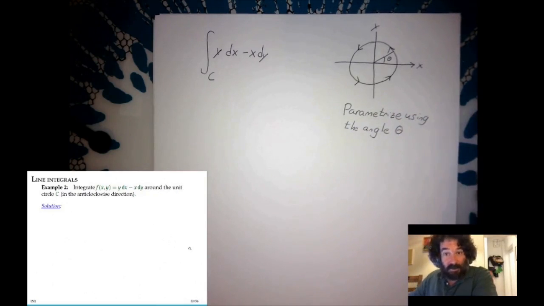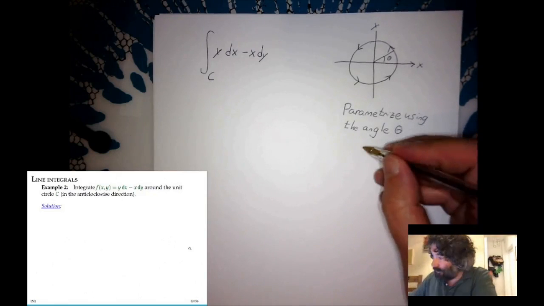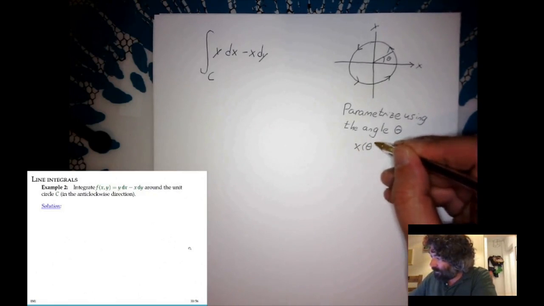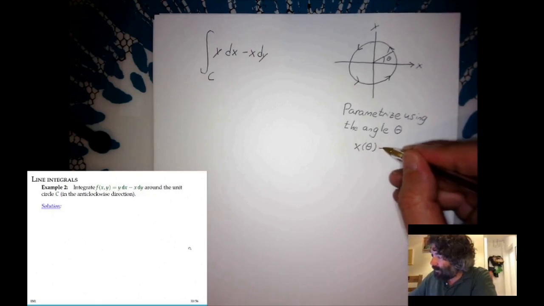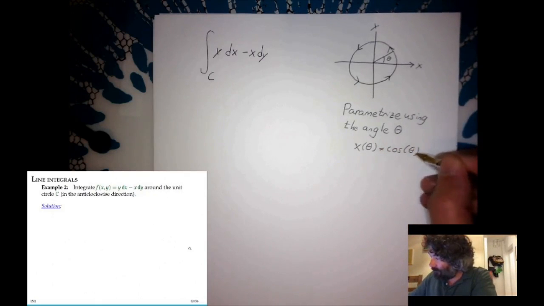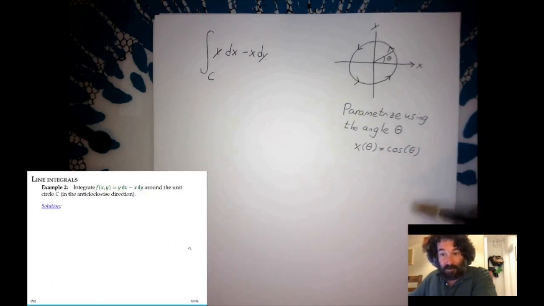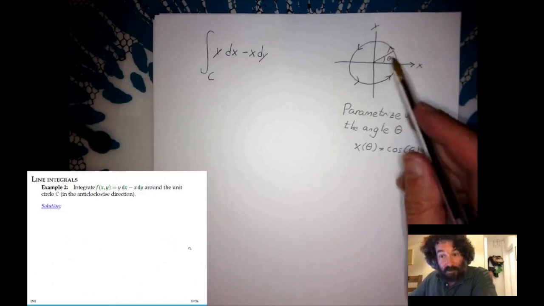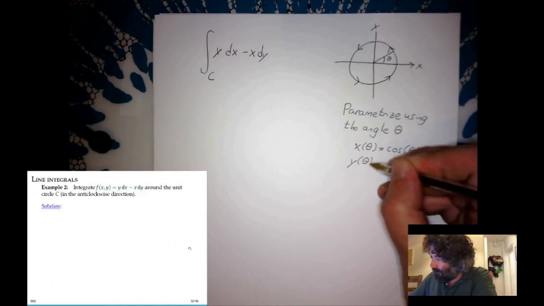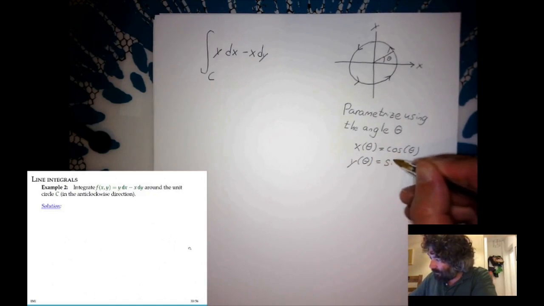All right, and so when we do that, as with polar coordinates, as I discussed in the last video, you get that x of theta, now the parameter is theta, is equal to cosine of theta. It would be r cosine of theta in polar coordinates, of course, but r here is 1 because this is the unit circle. And then y of theta is sine of theta.